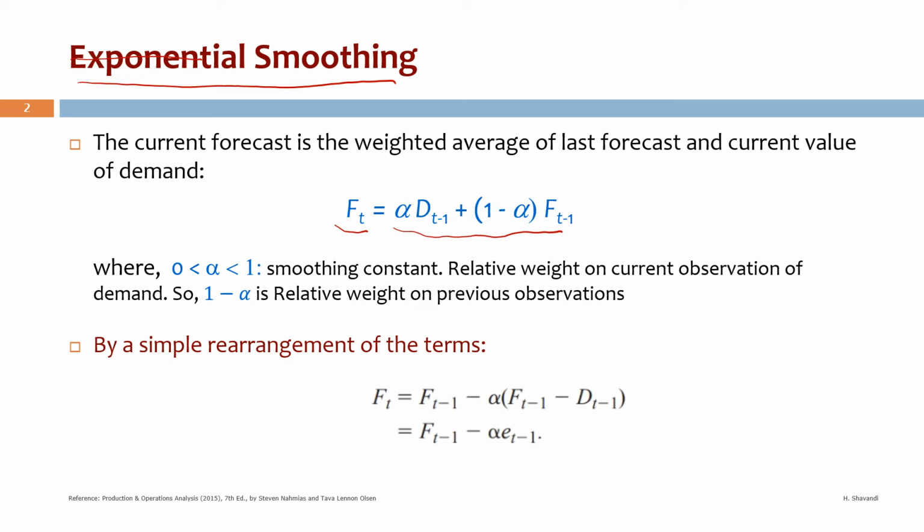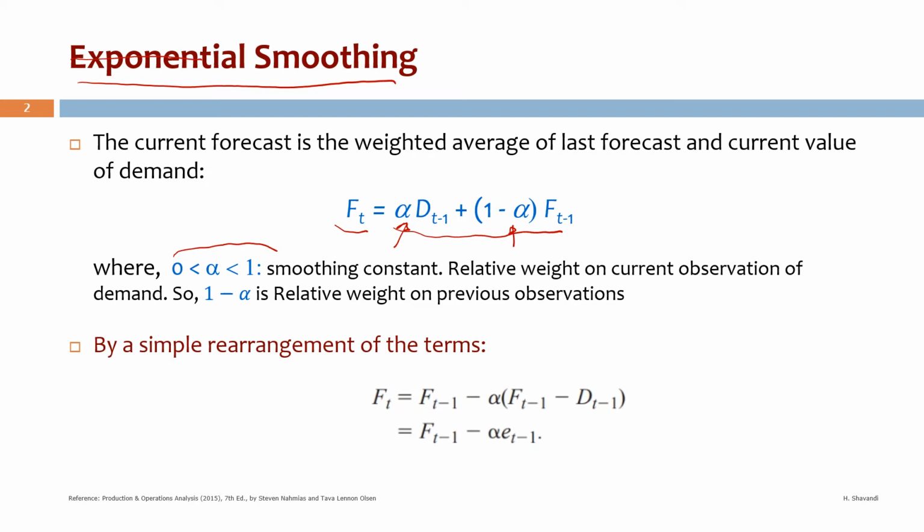As you see here, alpha is the weight of the current demand, and 1 minus alpha is the weight of the last forecast, and alpha is a number between 0 and 1. Because of that, we can call this weighted average a convex combination between the current demand and the last forecast for the current forecast.